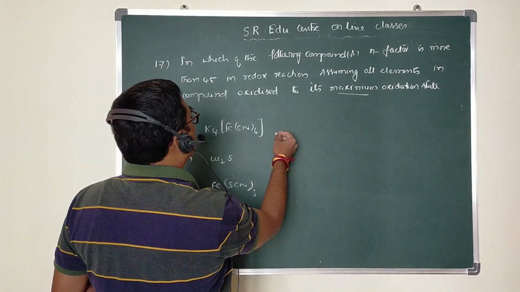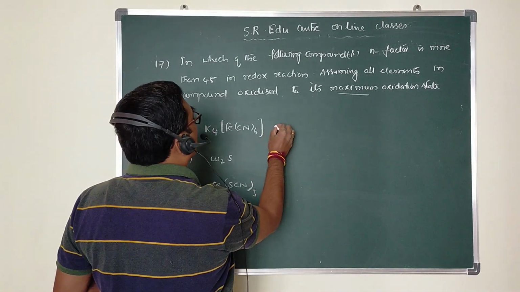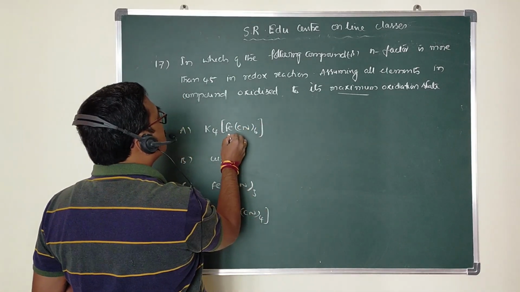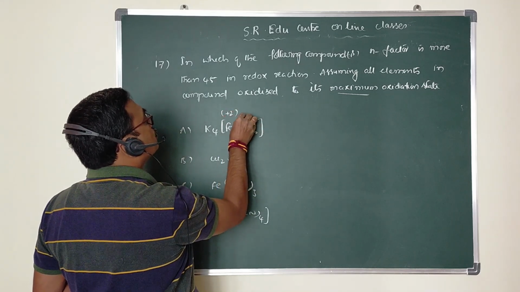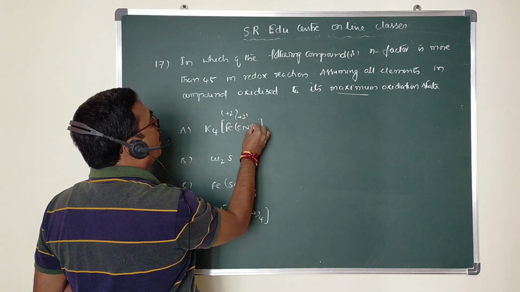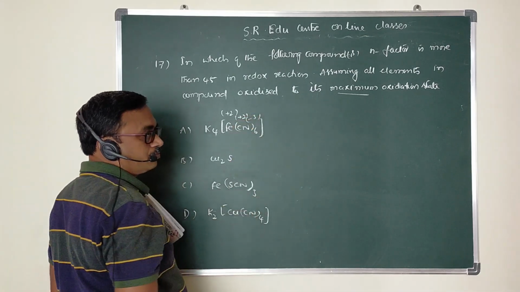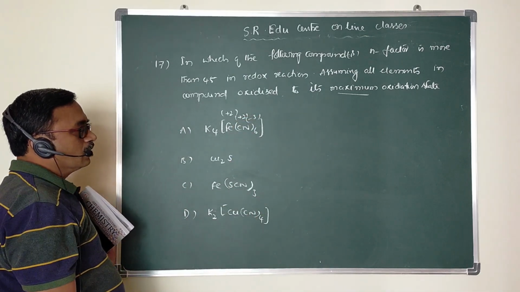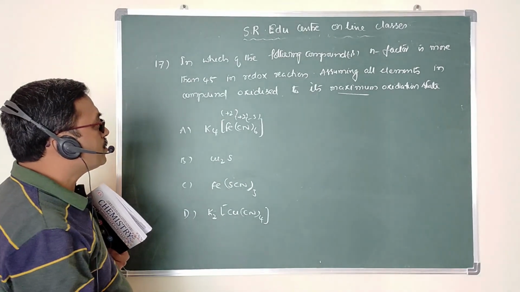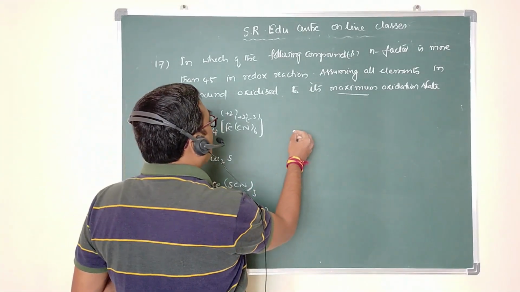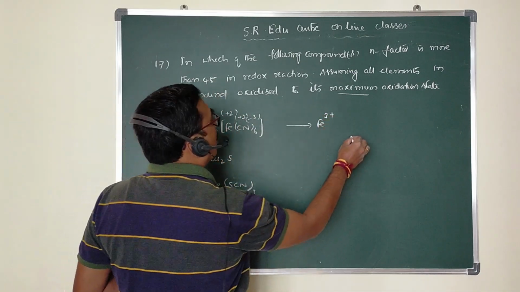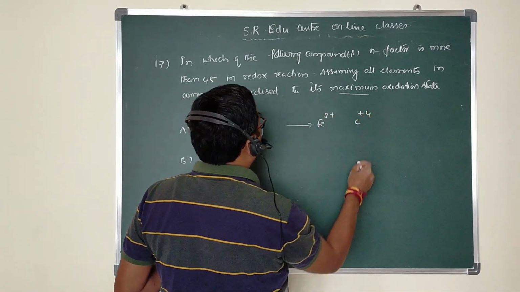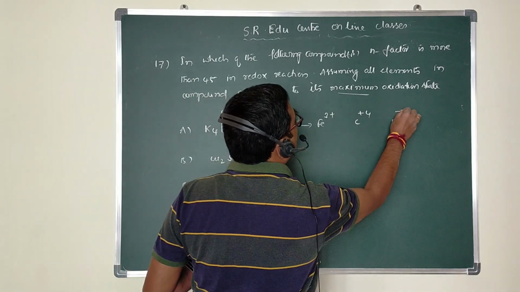See, here the oxidation state of iron is +2, carbon is +2, and nitrogen is -3. This is already discussed in the previous problems. The maximum oxidation state of iron is +3, carbon is +4, and nitrogen is +5.